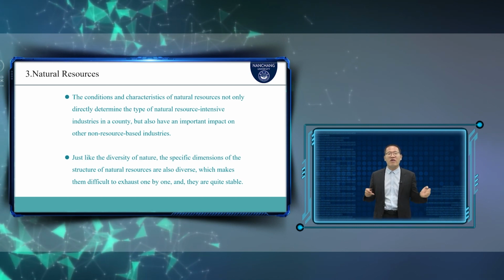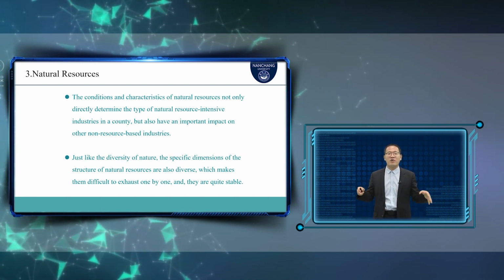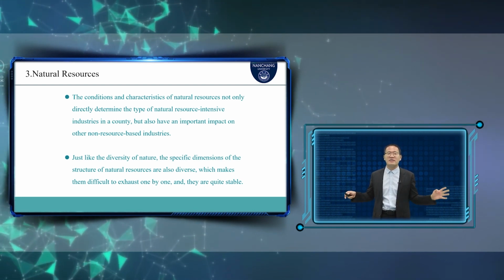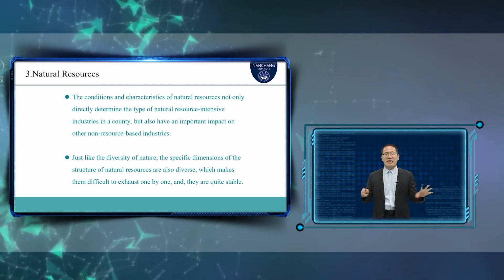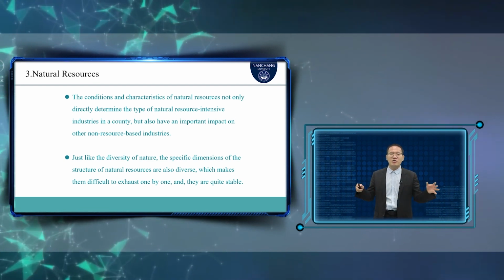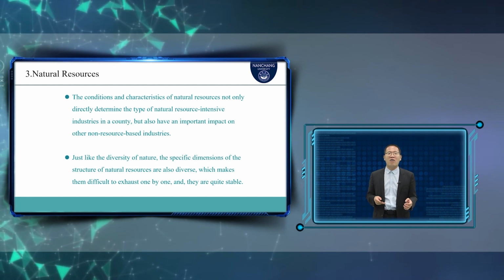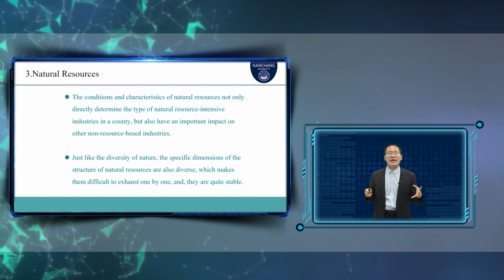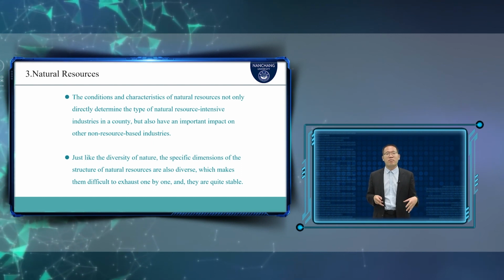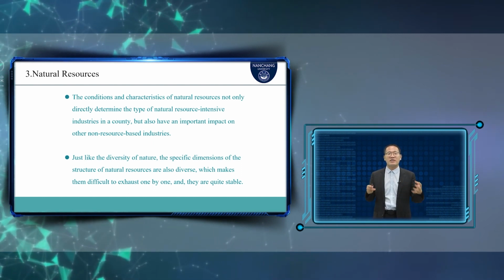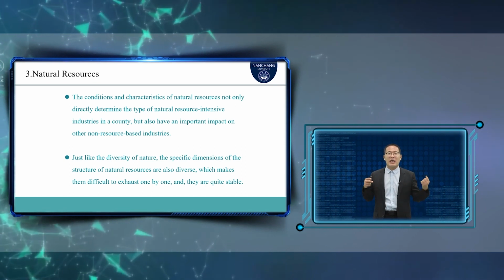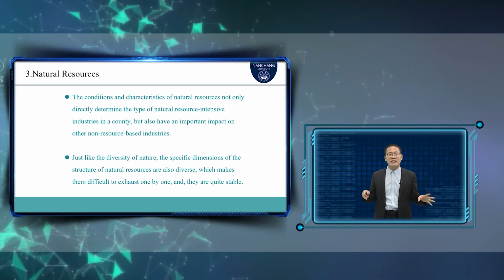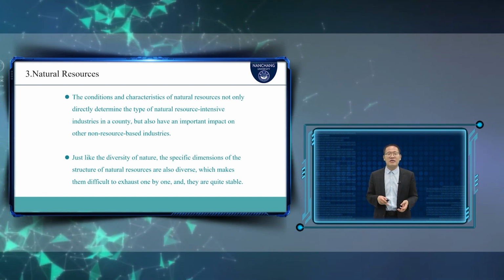The distribution of natural resource endowments in China also presents a huge diversity. China is located in the eastern part of Eurasia, on the west coast of the Pacific Ocean. It has a unique geographical location, complex topography, and diverse climate types. In terms of topography, China's terrain is high in the west and low in the east, and there are 3 zones with obvious elevation differences from west to east.